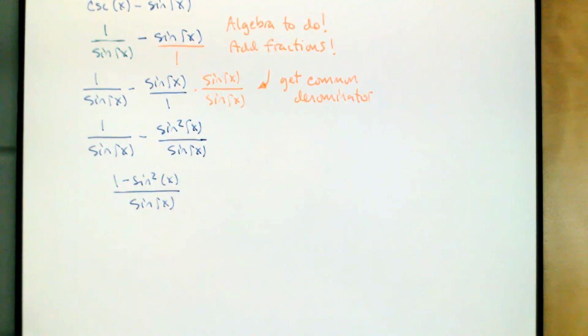Now that we've added the fractions, we said we need to make something happen. So I traded my cosecant for a 1 over sine. That gave me fractions, so I added them. I made some algebra happen. Now I'm looking at this one fraction, 1 minus sine squared over sine x.